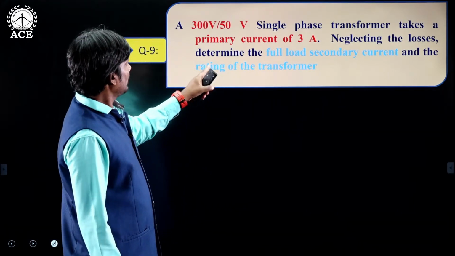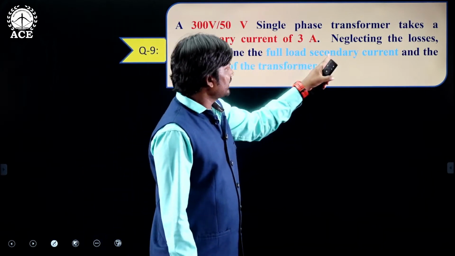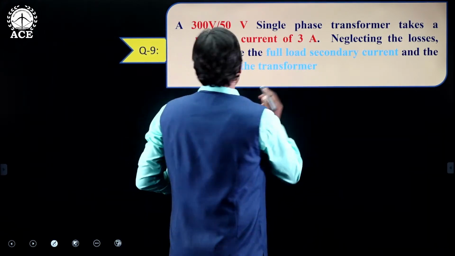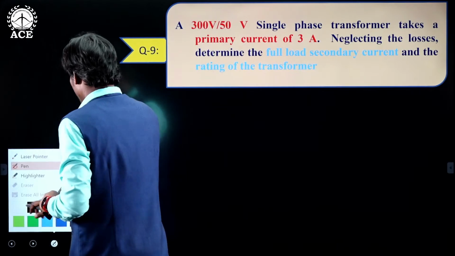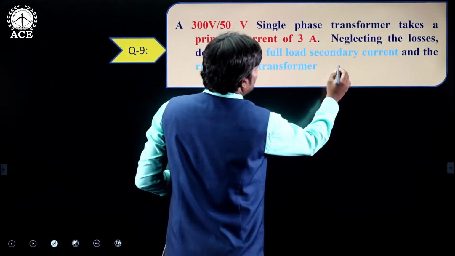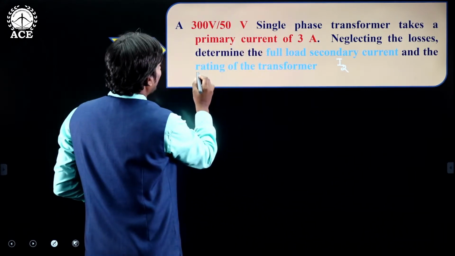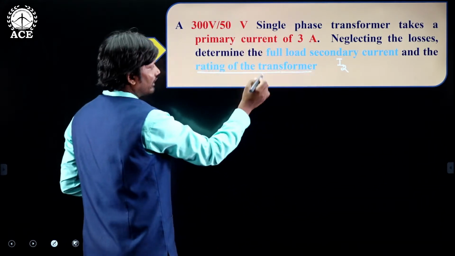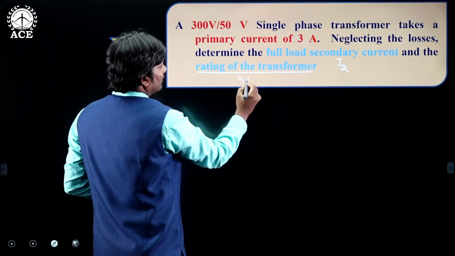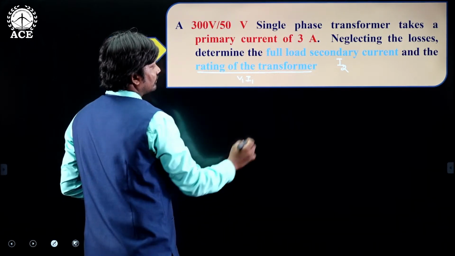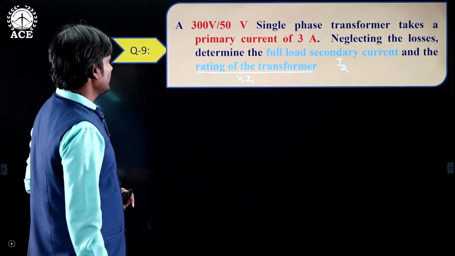Now determine the full load secondary current I2 and the rating of the transformer. We know rating of a transformer, that is V1 I1.